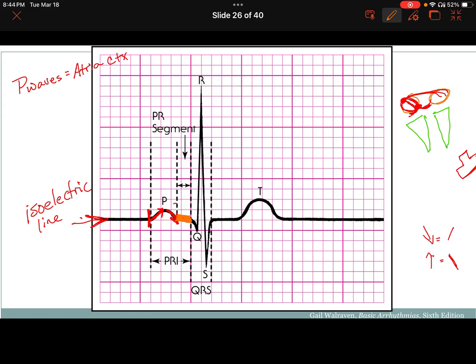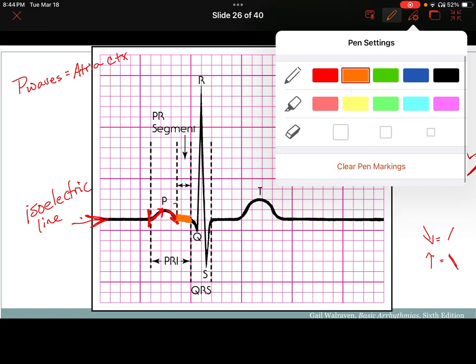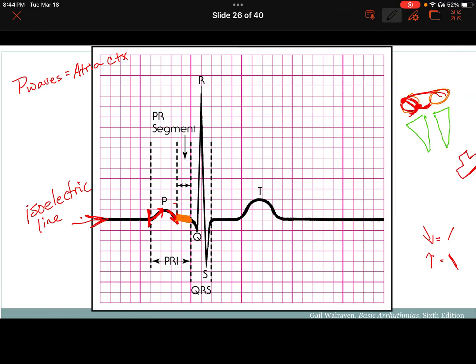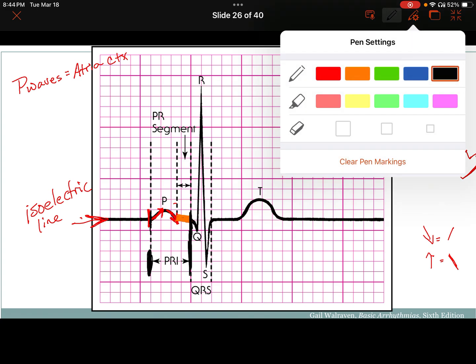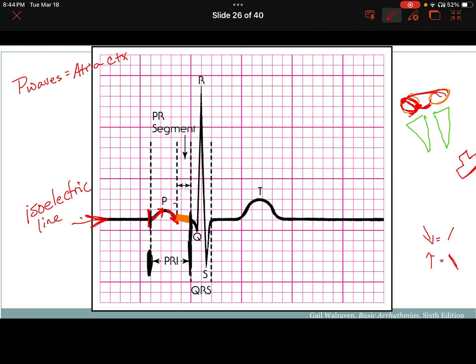When they measure intervals, because the intervals are another thing that we can talk about, intervals are measured from the beginning of that P wave when it comes off the isoelectric line, like we talked about, to the point where it leaves or comes off that isoelectric line. So this can look a couple of different ways. Let me come over here and change colors again.